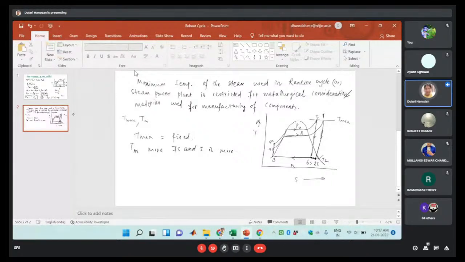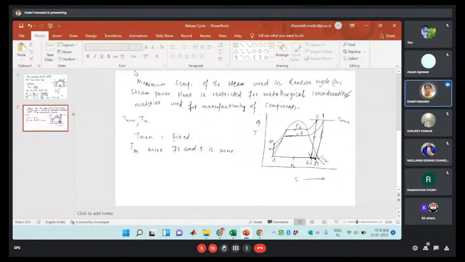If your maximum temperature is fixed and you want to increase the work output, we increase the pressure. So the inlet pressure of the turbine will increase, and the expansion will shift slightly to the left-hand side. What is the meaning of it? The quality of the steam at the turbine outlet will decrease.